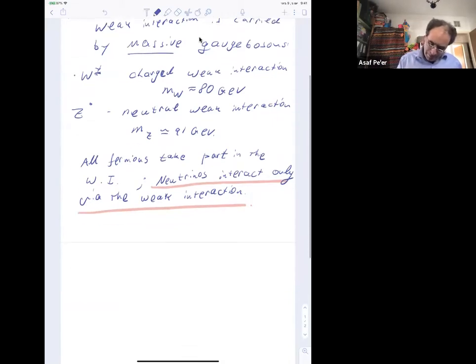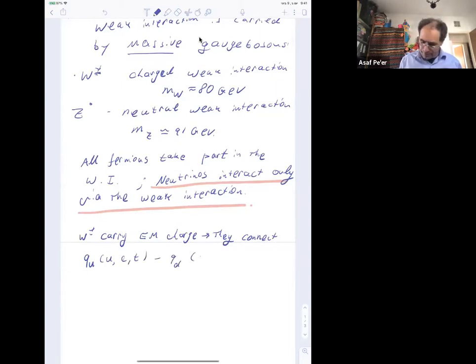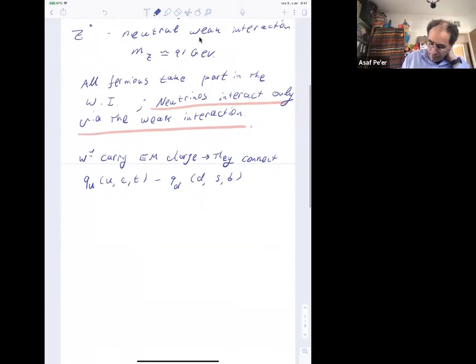So W plus minus carry charge means that they connect Q up, charm, top, and the Q down, down, strange, bottom, or a charged and neutral lepton. Because electromagnetic charge is conserved.